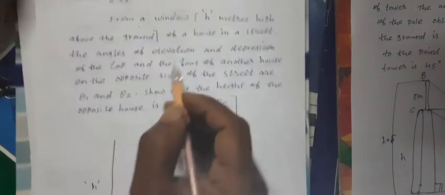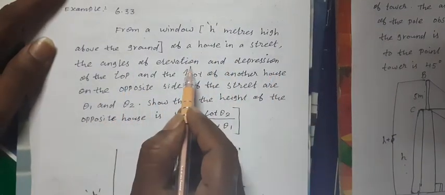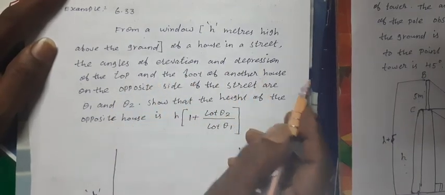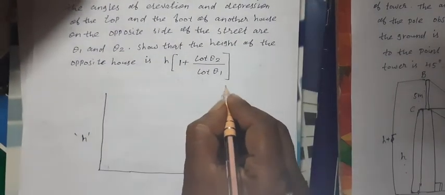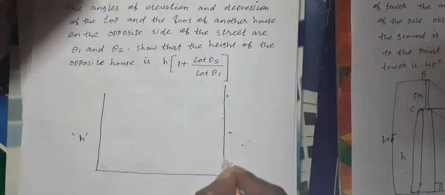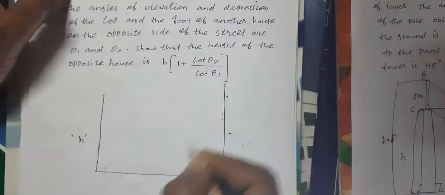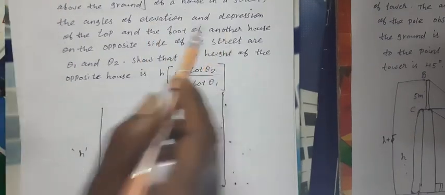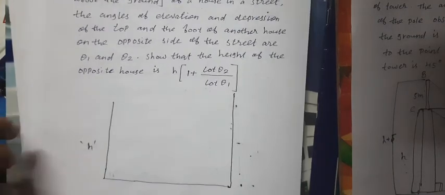And next, of a house in a street, the angle of elevation and depression of the top and foot of another house. So I can take the other house. Here they give the angle of elevation and depression of the top and foot of the other house.